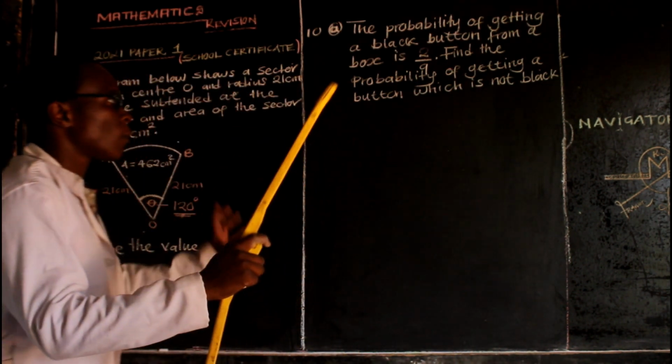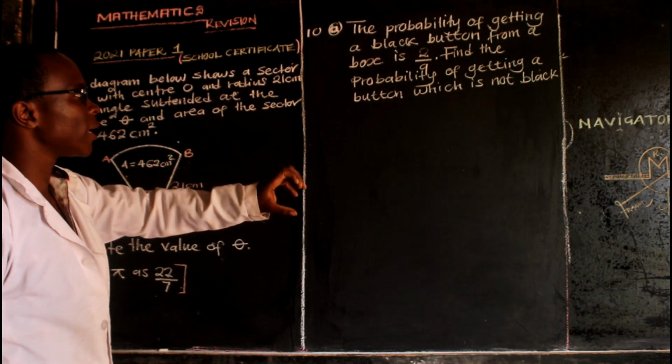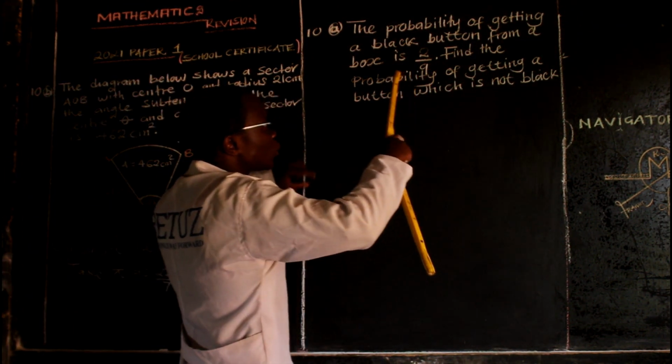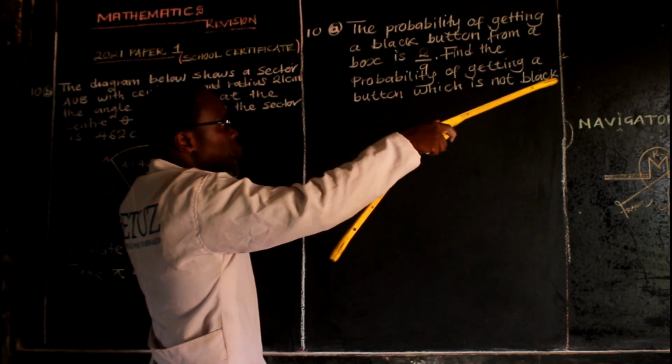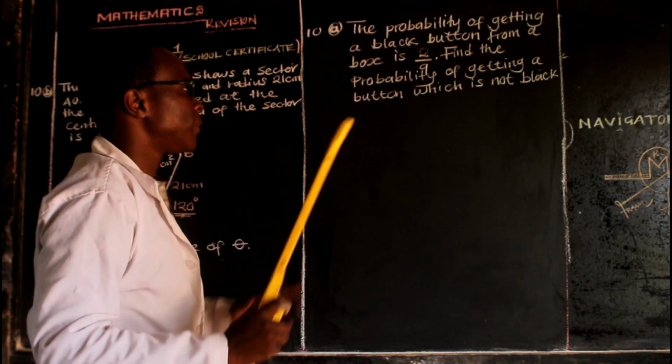So we have been given the probability of getting a black button from a box, which is 2/9. Then we are being told to find the opposite. What is the probability of not getting a black button?